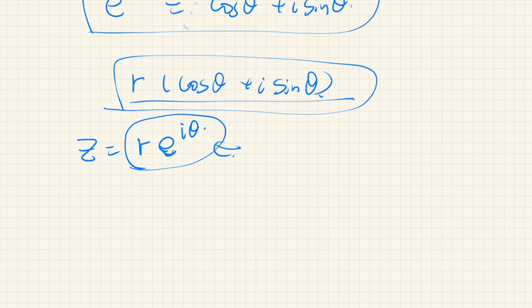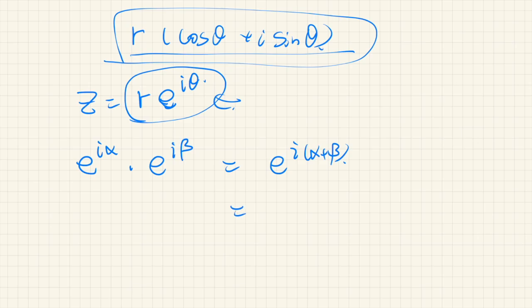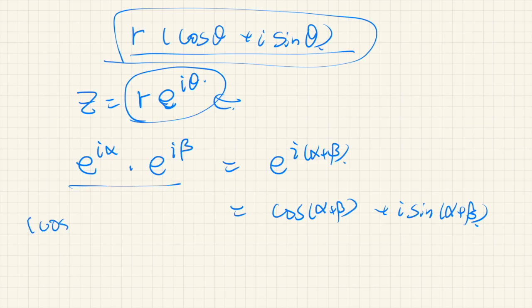And actually, using this polar form and the property of the exponential function, it's easier to show the trigonometric identities. For example, if we have e to the power of i alpha times e to the power of i beta, then we have e to the power of i times alpha plus beta. Now this is equal to cosine of alpha plus beta plus i sine of alpha plus beta. And this one you can write as cosine alpha plus i sine alpha times cosine beta plus i sine beta.